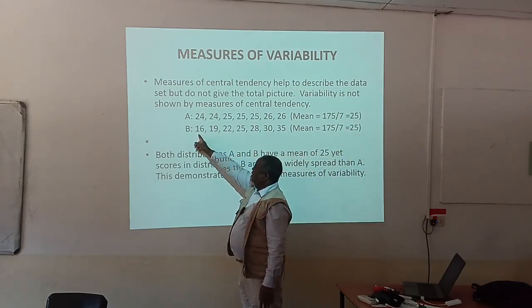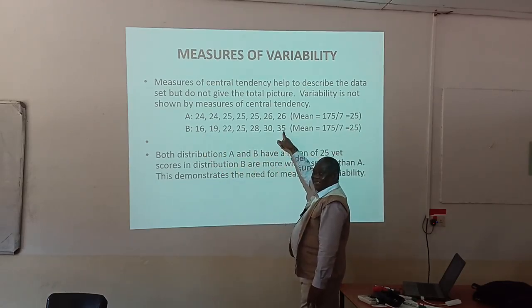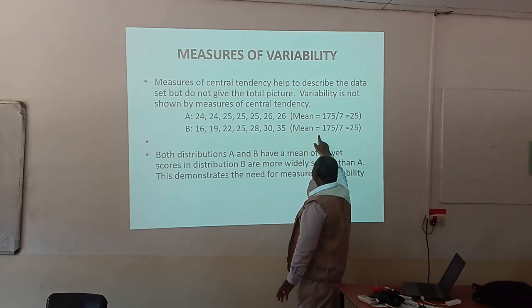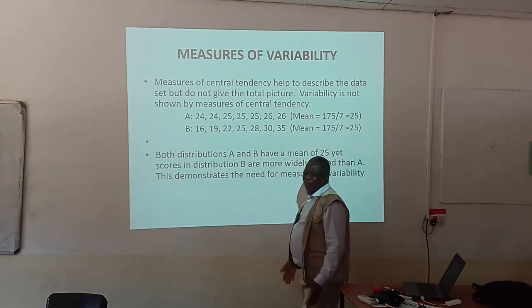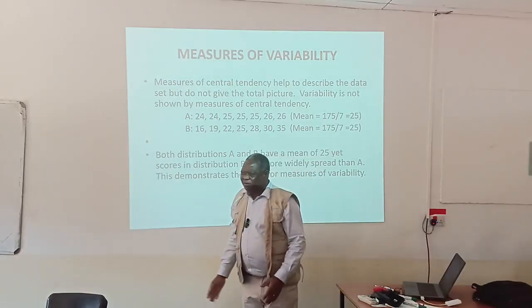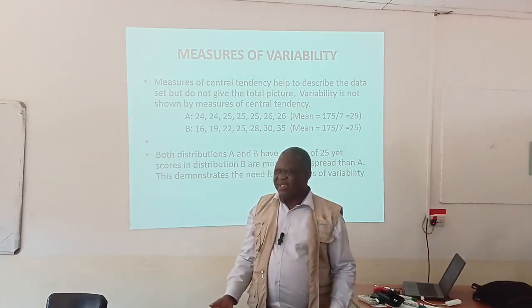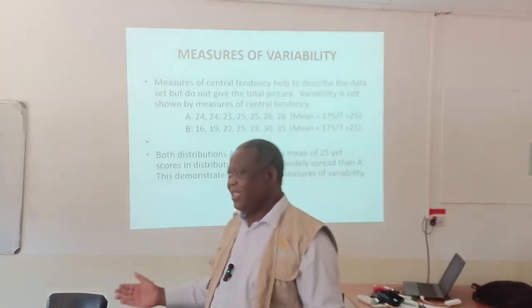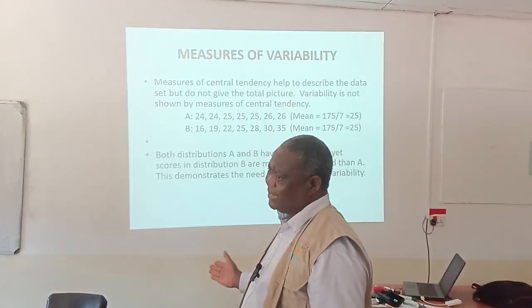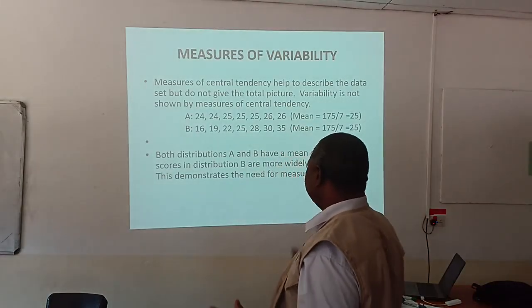Distribution B, the lowest 16, the highest 35. There is a lot of difference in performance. Compute the mean, 25. So the mean is not telling you how different the performance is in the distribution. It's only telling you the combined performance or a typical performance in the distribution.